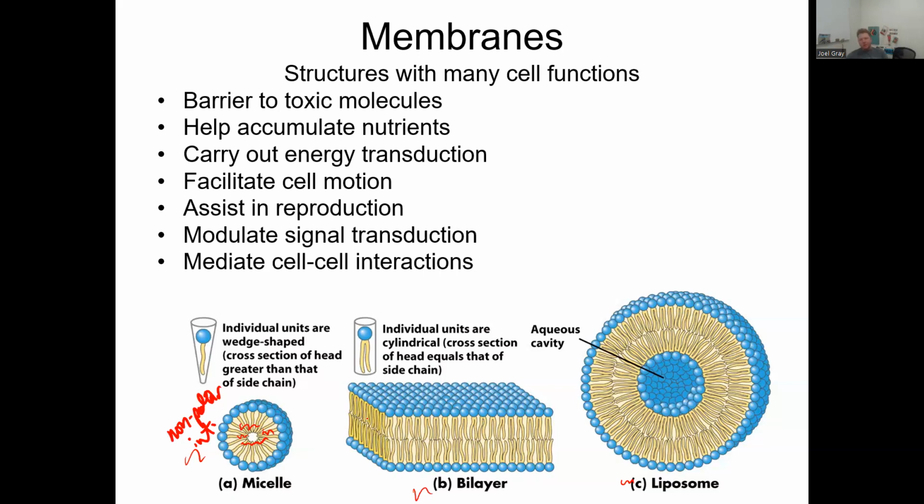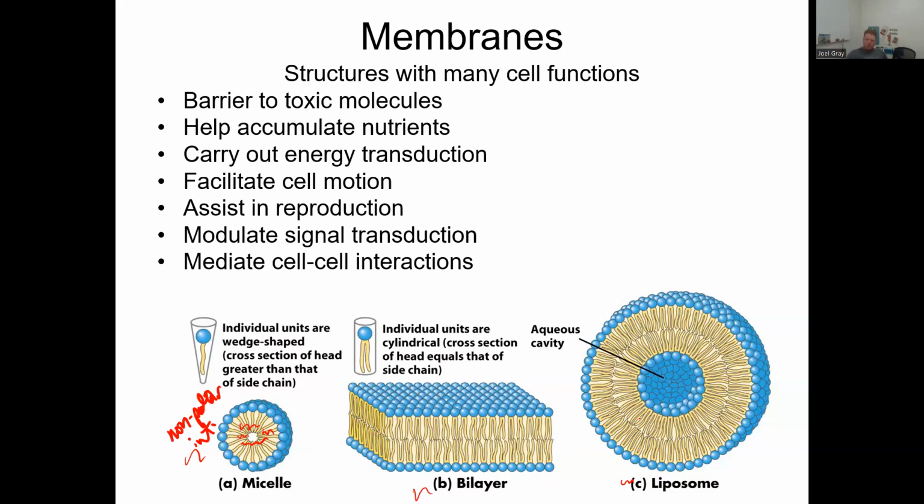I've always thought of a bilayer versus a liposome this way: a bilayer is a part of a liposome. When you think about a cell as a whole or a membrane-bound organelle, it's a bilayer, and the interior of it is similar to the interior of a liposome. It's an aqueous, polar environment.